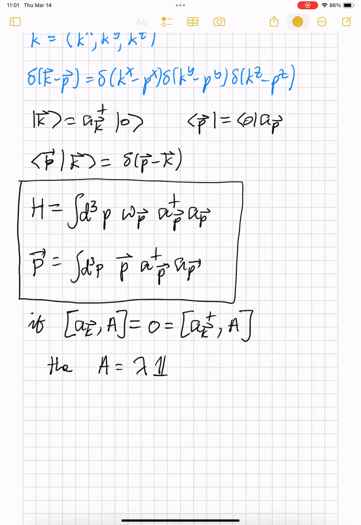And if A is Hermitian, then we know that lambda would even be a real number. You would use this in much the same way that we use the similar looking statement for the harmonic oscillator to argue that our states obtained by acting with a daggers on ket naught are in fact a basis for Fock space. So they are a complete, linearly independent set of states for Fock space.